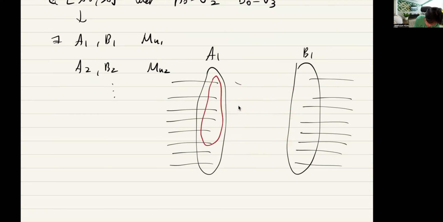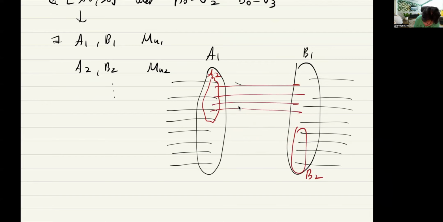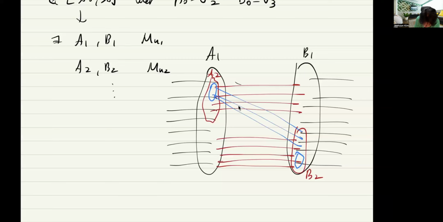You have A2, B2, and MU2, and A3, B3, MU3.